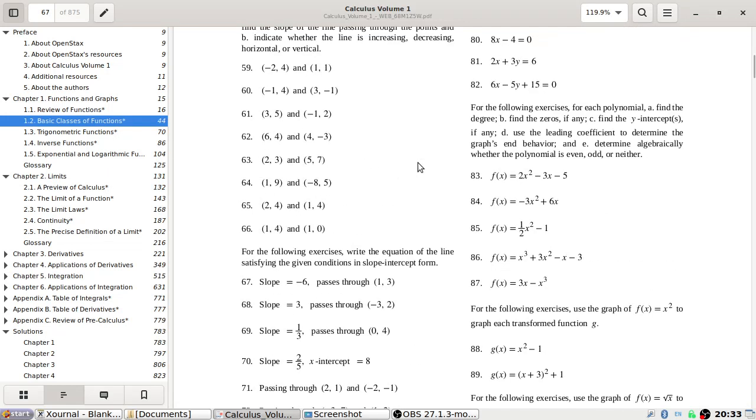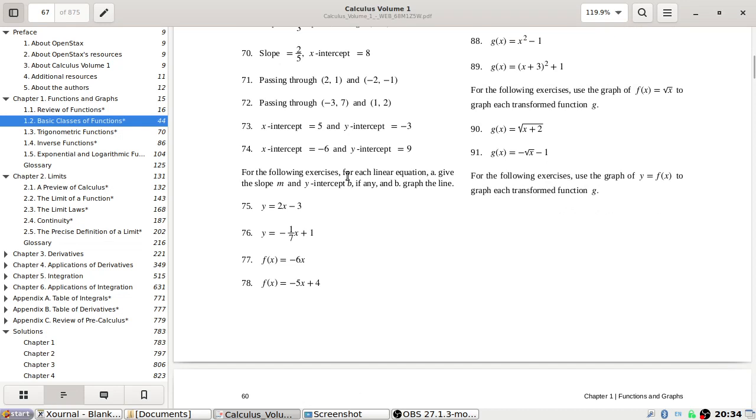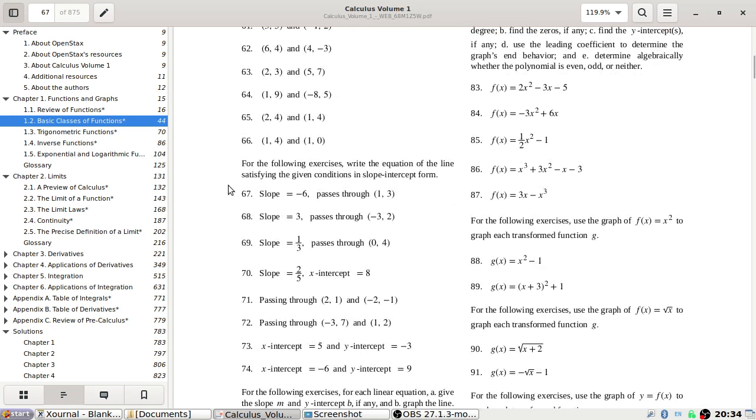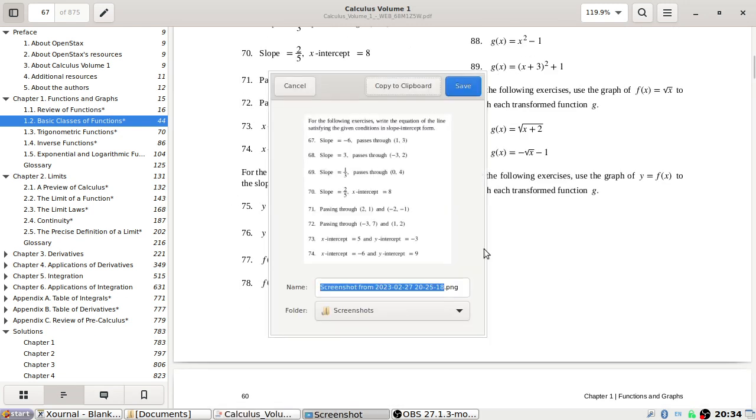And what's next now? For each of the following exercises, for each linear equation, give the slope and the y-intercept, if any, and graph the line. Okay, let's copy this again.